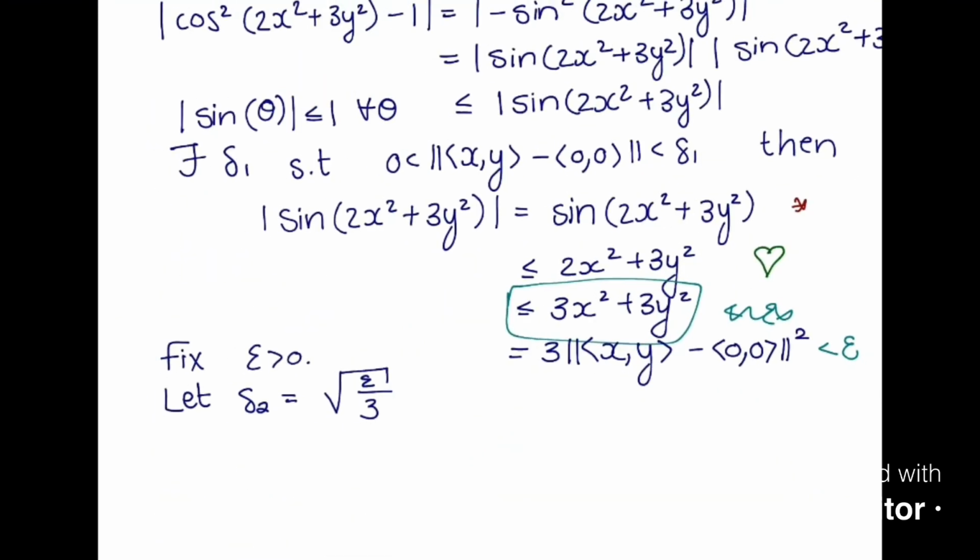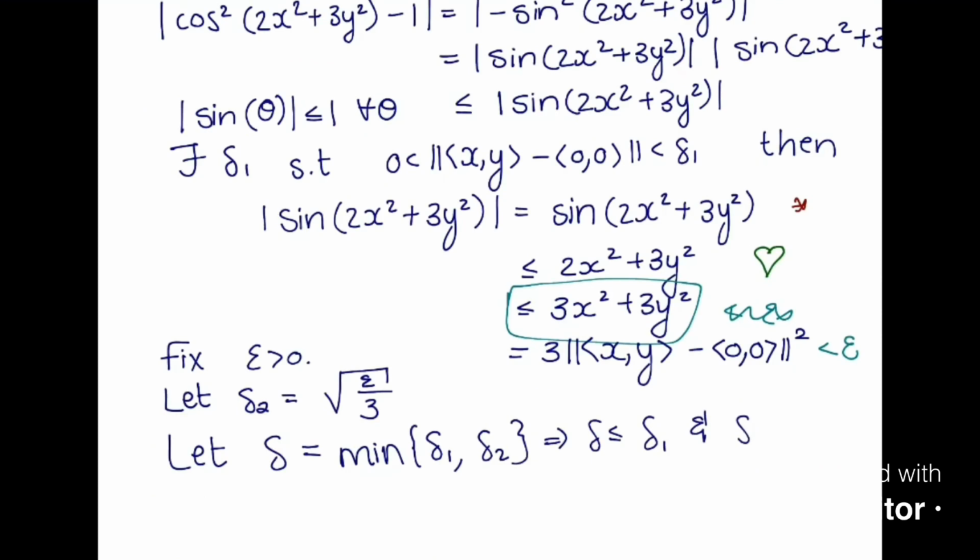So what I'll say is let delta, now you can call it delta star, you just have to distinguish between the three deltas, be equal to the minimum of delta 1 and delta 2. And this means that delta is less than or equal to delta 1 and delta is less than or equal to delta 2.